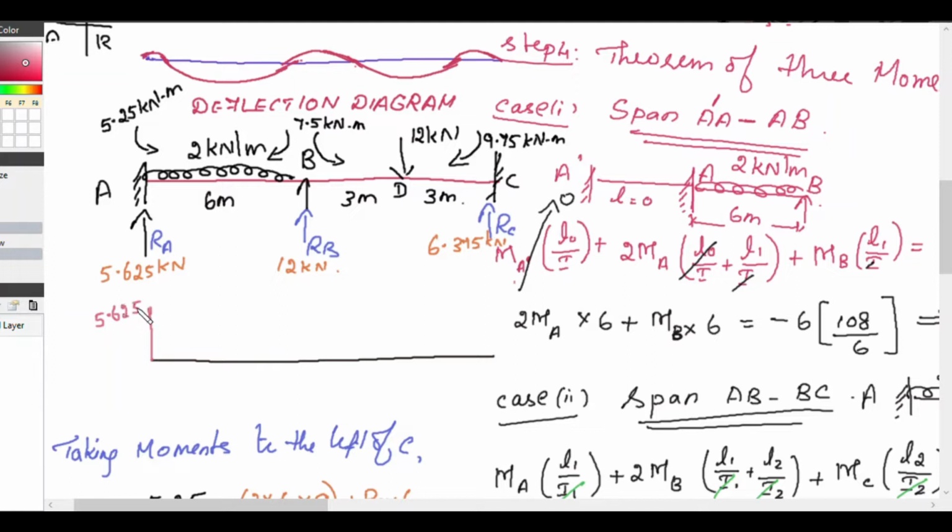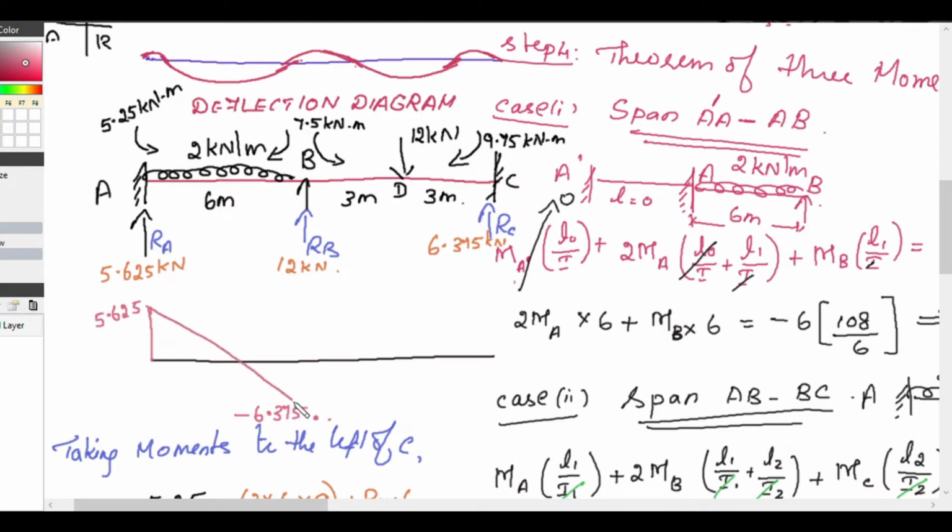so at A we have a load of 5.625 kilonewton. Now we have a UDL of 2 kilonewton per meter. So total load is 2 into 6 is 12. So we have a linearly varying section. So this is 5.625 minus 12, we get minus 6.375.